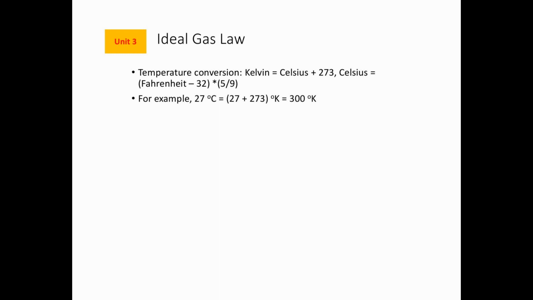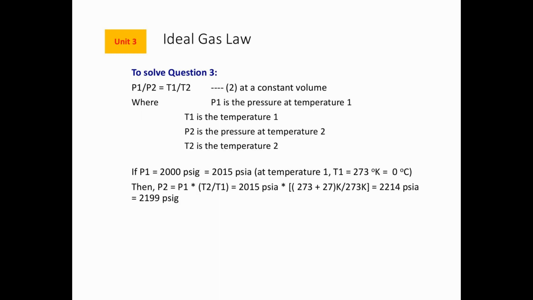To solve that question, you have 2 different temperatures, so the ratio will change too. We know the ratio because of PV = nRT. So P1 versus P2, pressure 1 versus pressure 2, should be equal to the ratio of temperature 1 to temperature 2. At higher temperature, you get a higher pressure.